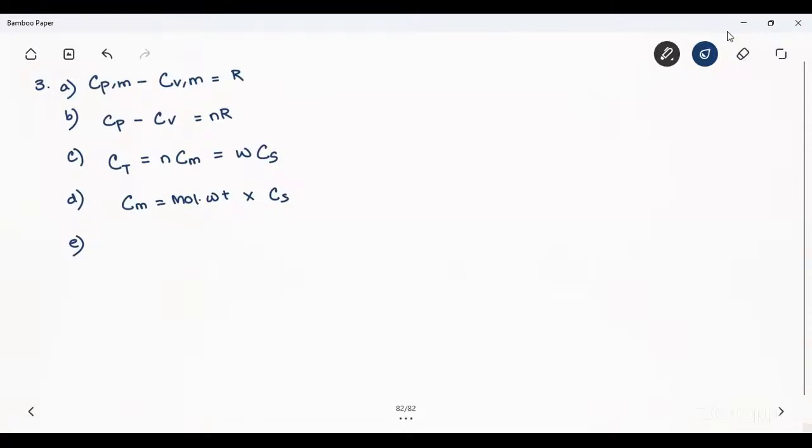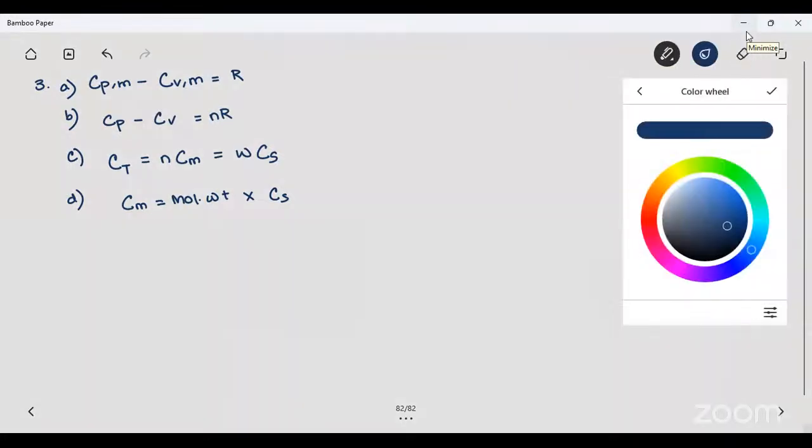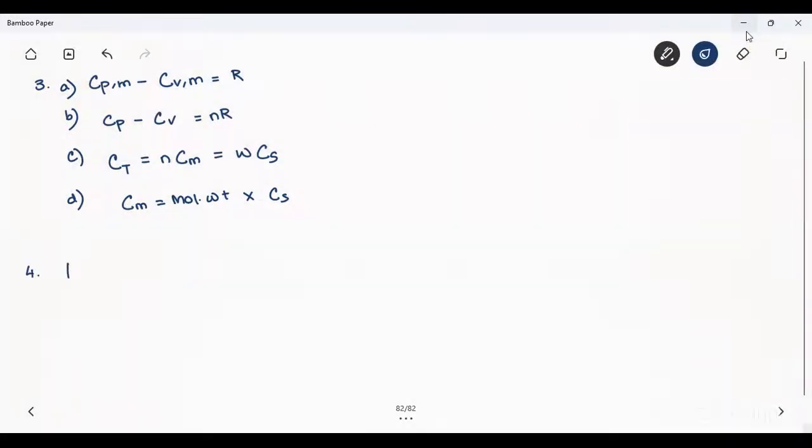for the isothermal. Okay, let's write. For isothermal process, your C will be equivalent to infinity. For isobaric process, your C will be equivalent to CP.